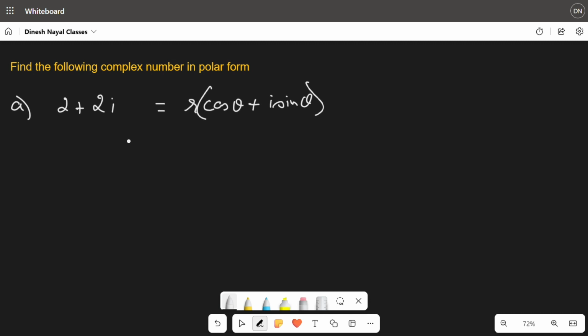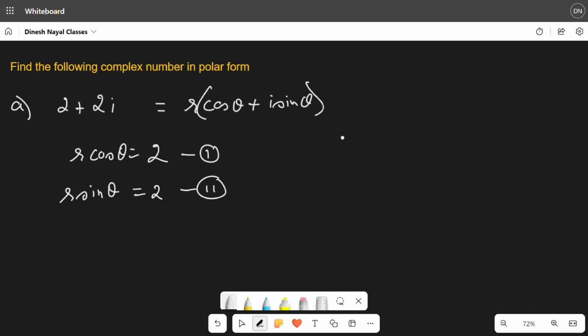Now if you compare the real part and the imaginary part, you see that r cos theta is 2, and r sin theta is also 2, taking this as equation 1 and this as equation 2.